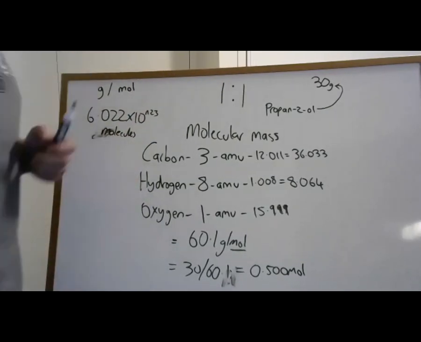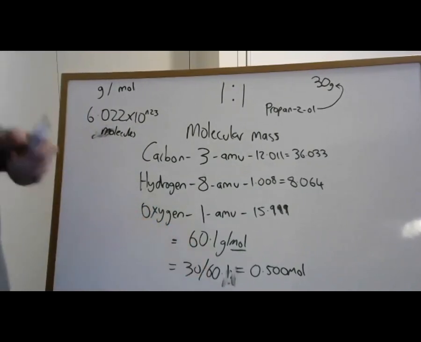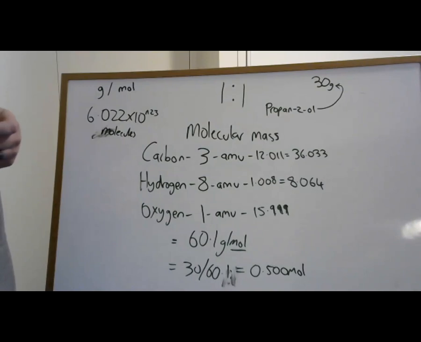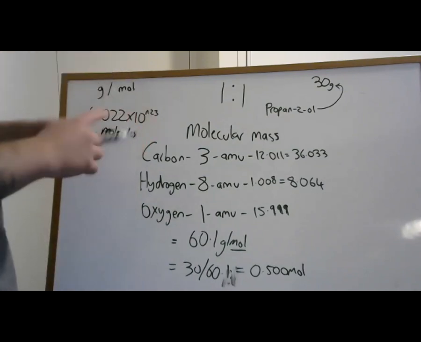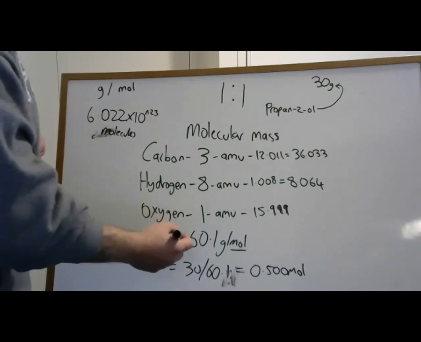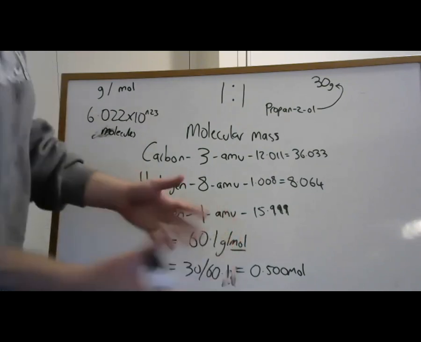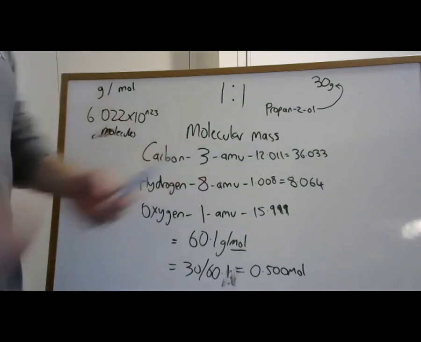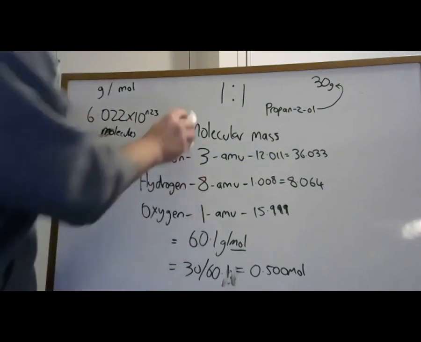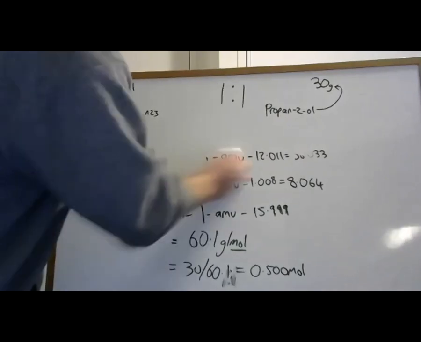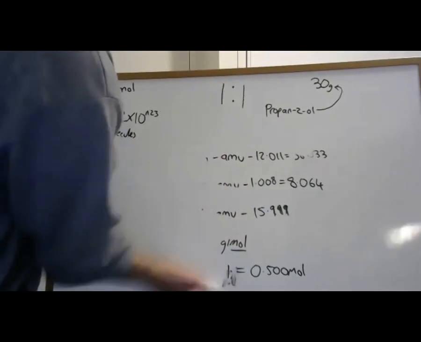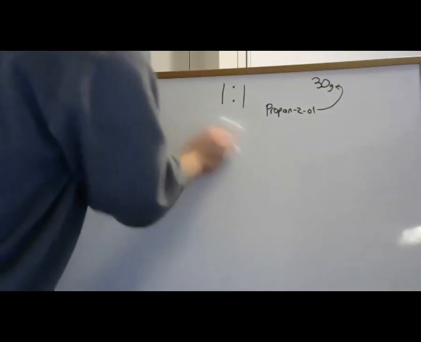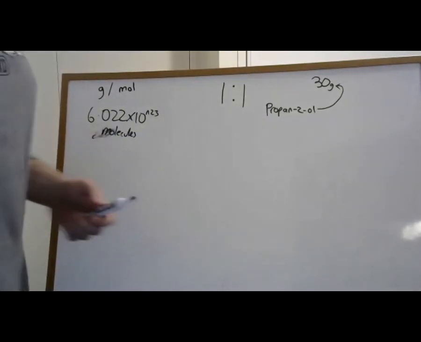So we know we started off with half a mole of propan-2-ol because we have 30 grams, and for every 60 grams we have a mole. So we have half a mole of propan-2-ol. This is probably going to go into 2 sessions.